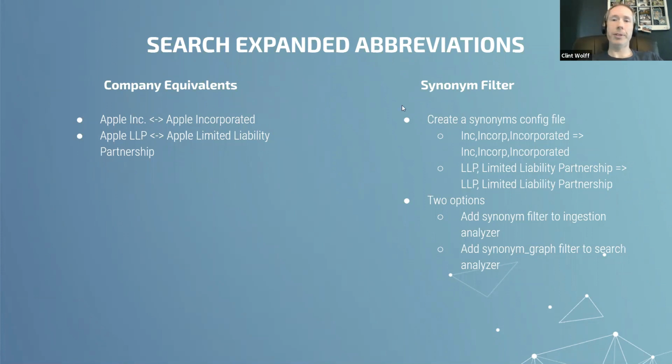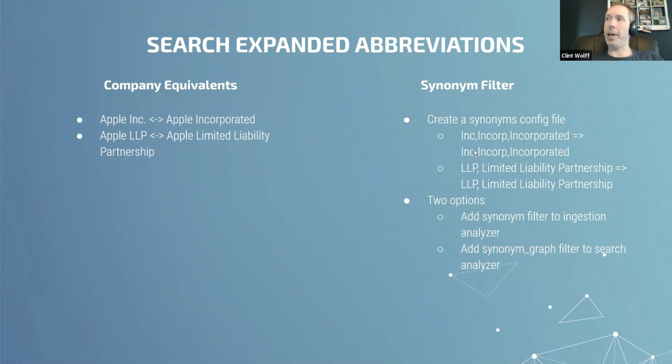The first step of this is to create a synonyms configuration file. And it looks exactly like what I have here. This would be on a single line. It's split across two separate lines on the slide here, but on a single line, I would have Inc, Incorp, Incorporated, and then the same thing on the right side of the equal sign.